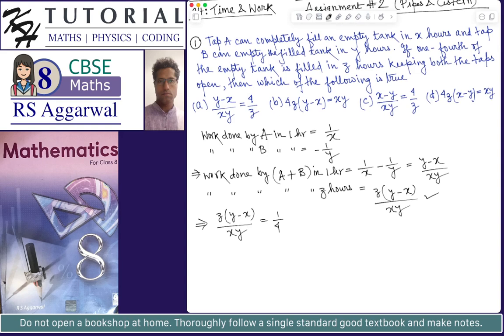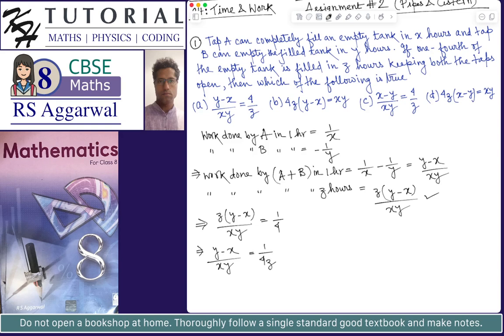Now the problem is asking which of the following is true, so we have to find the relation between x, y and z. First option A will not be correct, because you can see that (y minus x) divided by xy is equal to 1 by 4z.